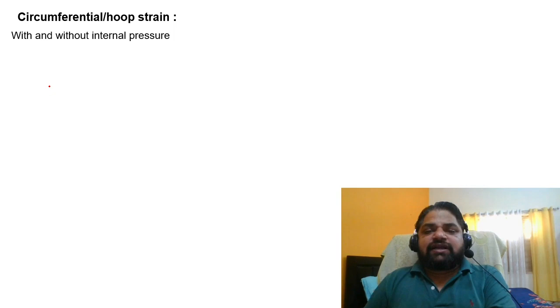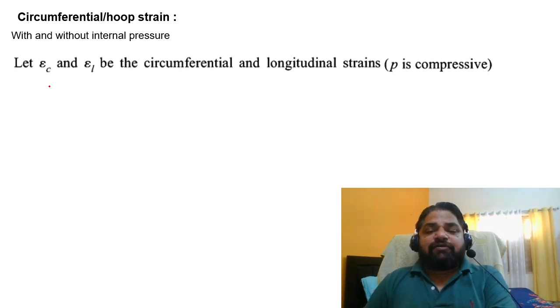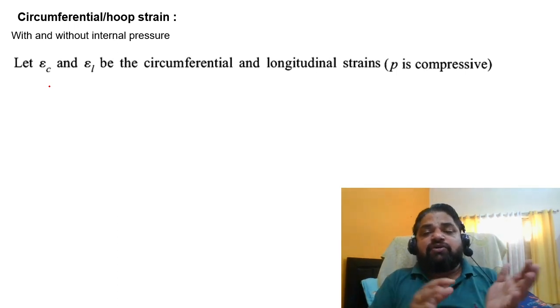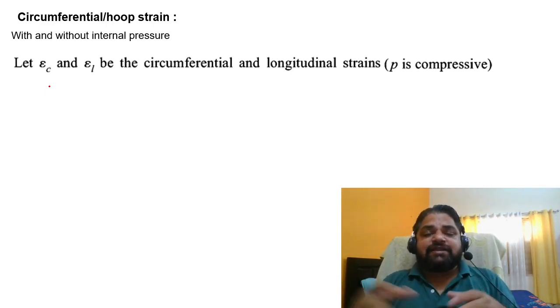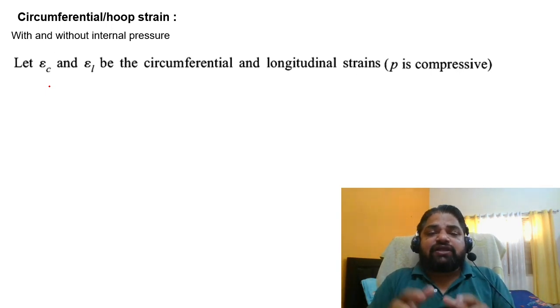With and without internal pressure, we know the combination of stresses or different loads. If you remember during the discussion of Poisson's ratio and volumetric strain, we calculated the volumetric strain by considering the strains in every direction, using Poisson's ratio, lateral strain by longitudinal strain, and then joined all together to find the total strain in a particular direction.